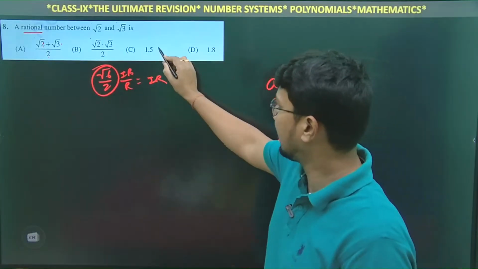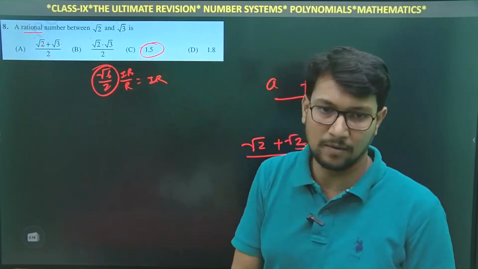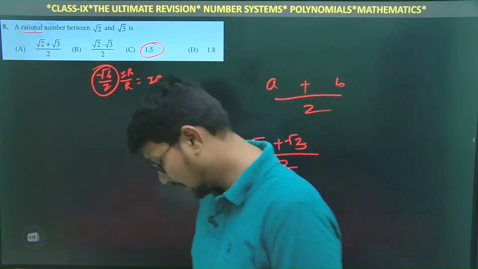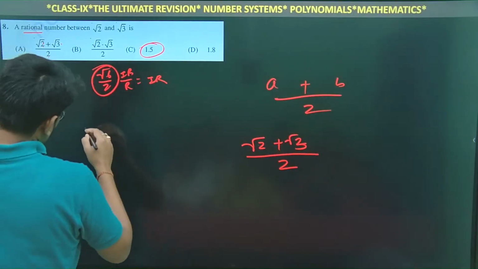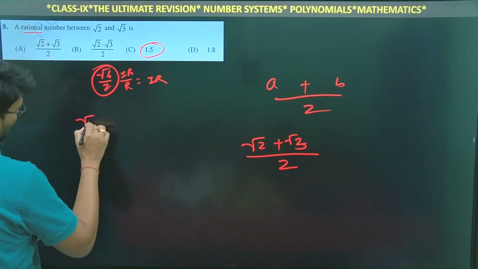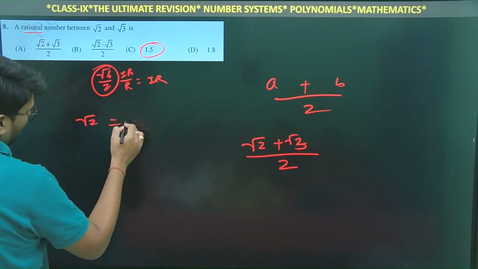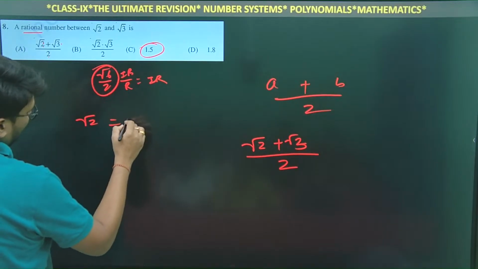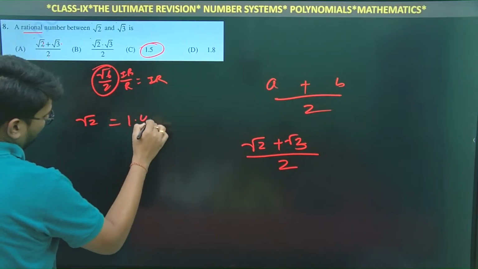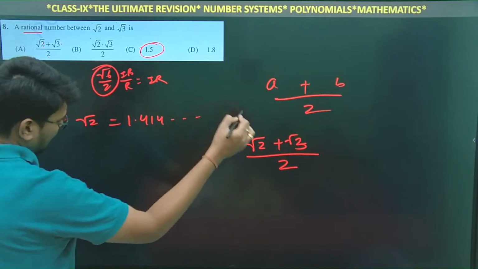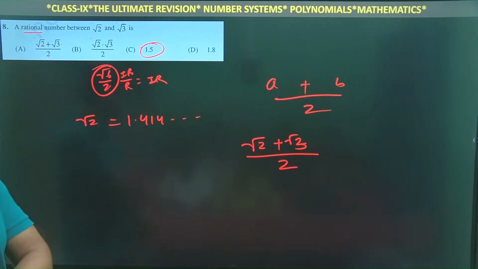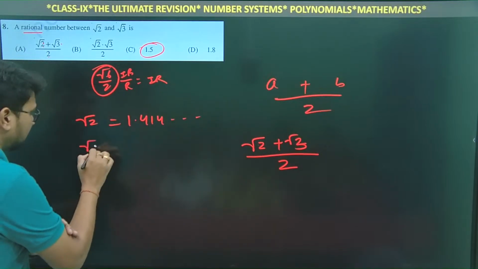Got it? Now 1.5. You know which one? Root 2. What is the approximate value of root 2? 1.414 and so on. And root 3 value?